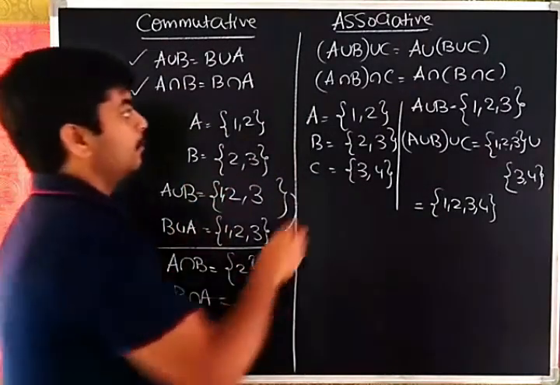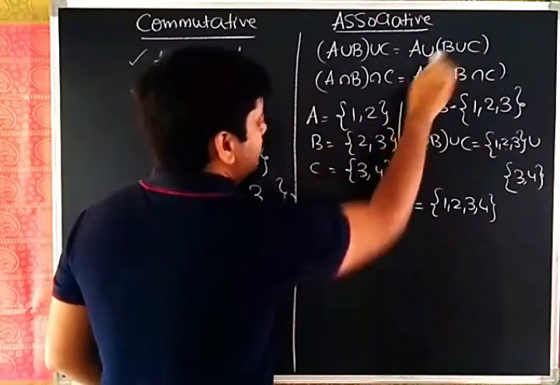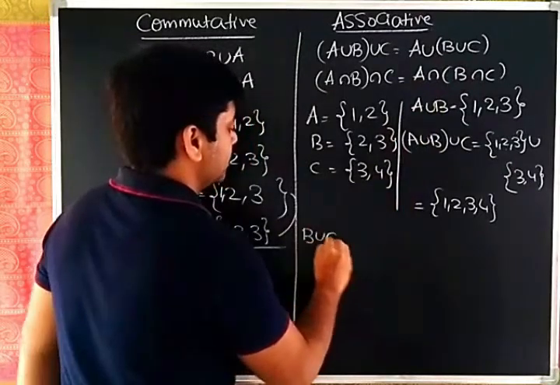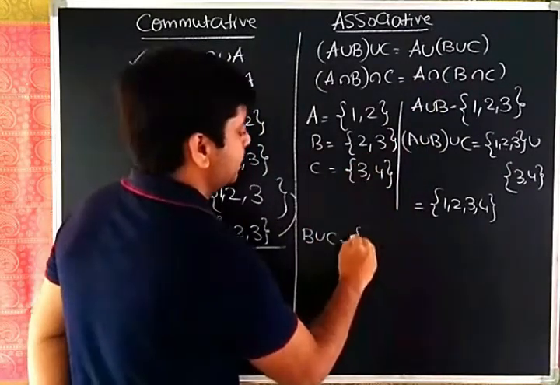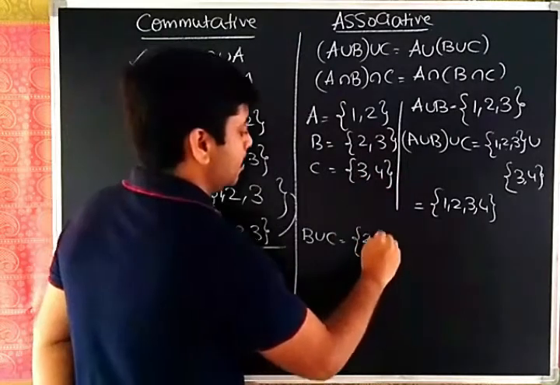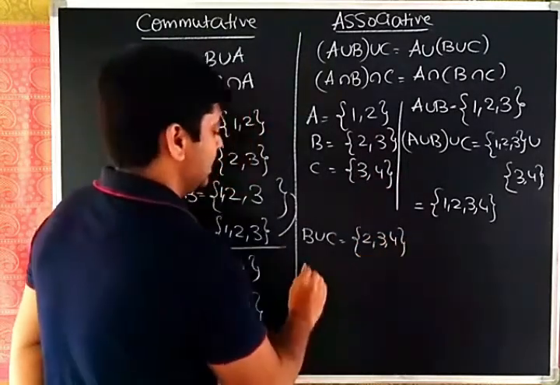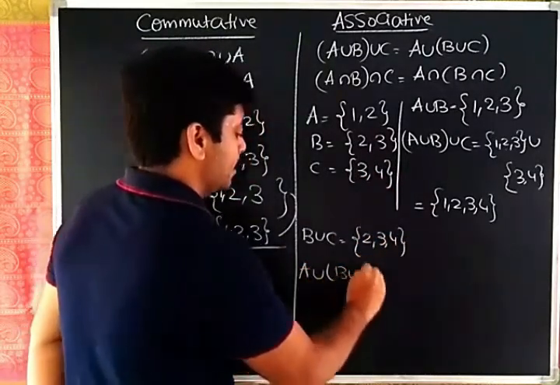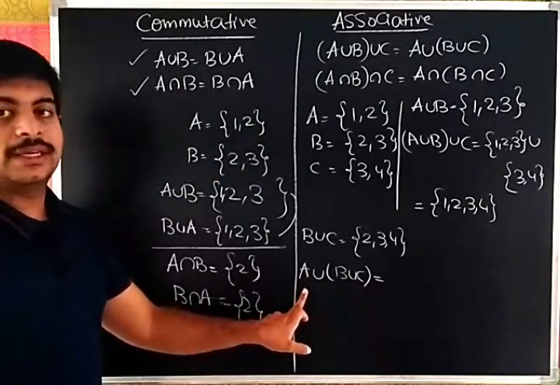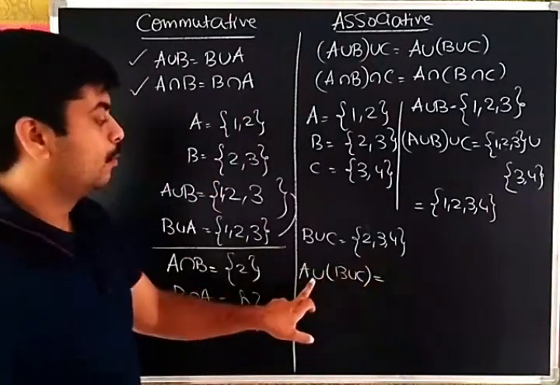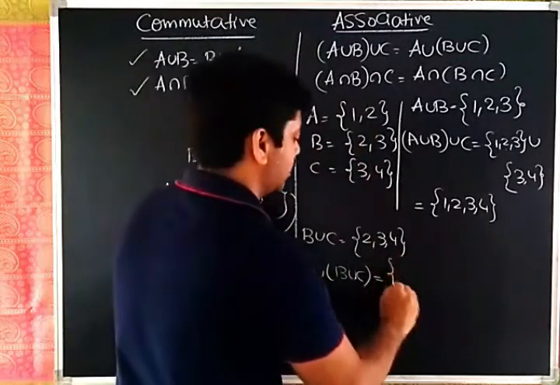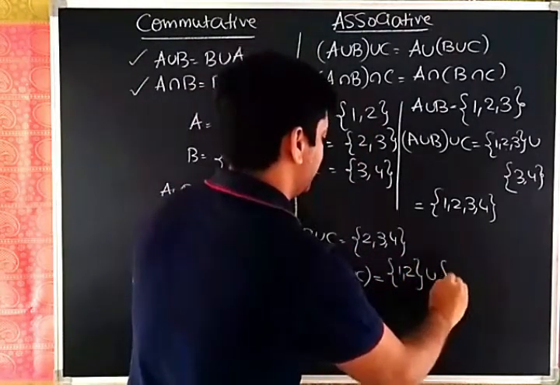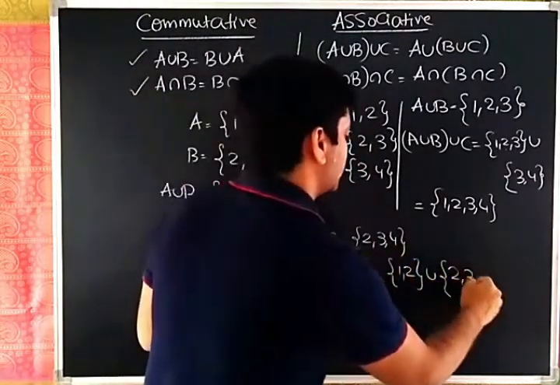Correct. Now go for B union C. What is B union C? B union C is 2, 3, 4. And so what is A union B union C? That means you need to take a union of A and B union C. What is A? That is 1, 2 with B union C, that is 2, 3, 4.